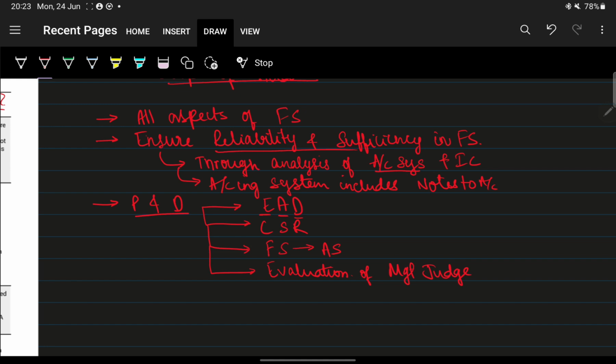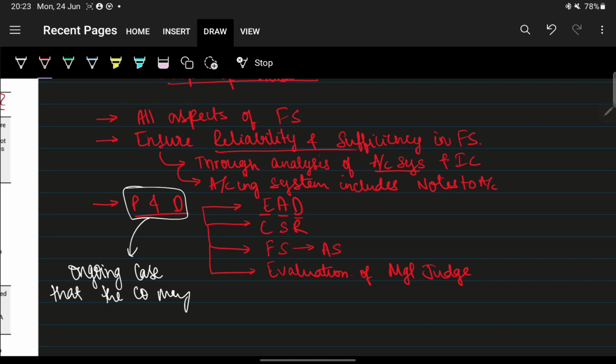Okay, so here, when it comes to presentation and disclosure, 2 points are there. Presentation and disclosure, that there is an ongoing case, right? An ongoing case that may cause hefty penalties, that the company may incur hefty penalties.